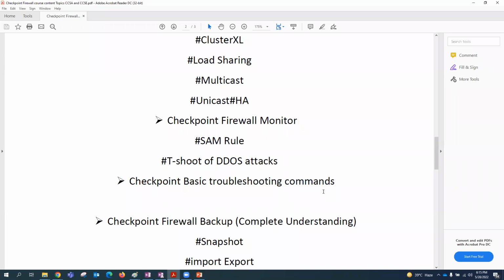But it's my recommendation that operational work you can do with the GUI, but when it comes to troubleshooting, you should have an understanding of the troubleshooting commands. You should know that if I run this command, what sort of output you will have from the firewall, and in that particular output, what sort of information you should look for.